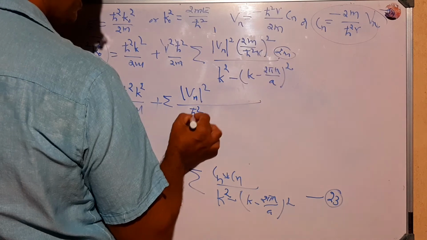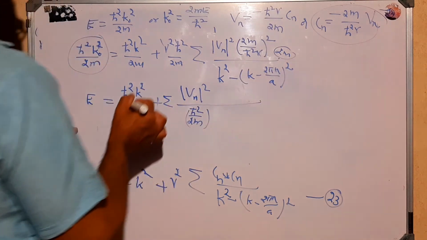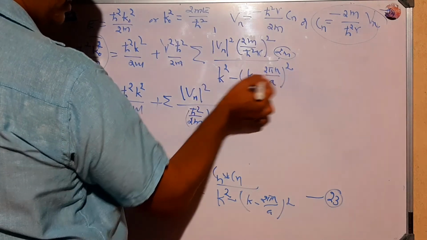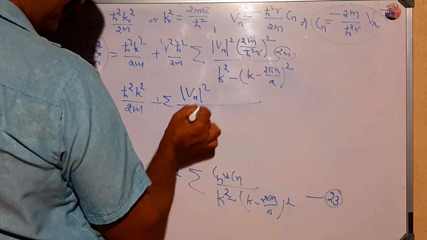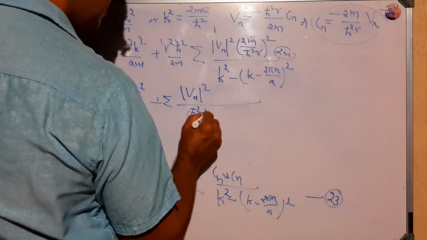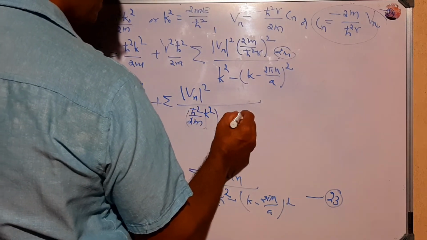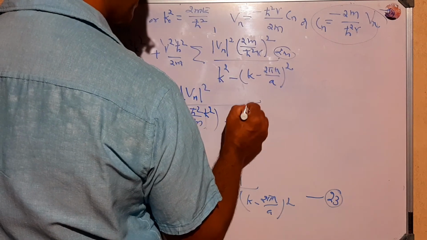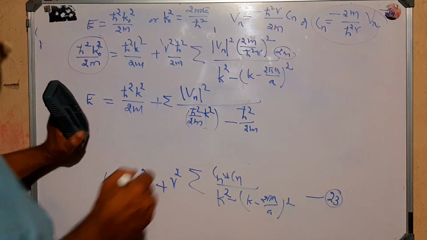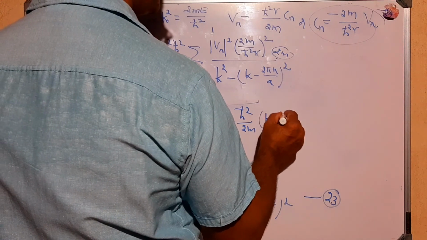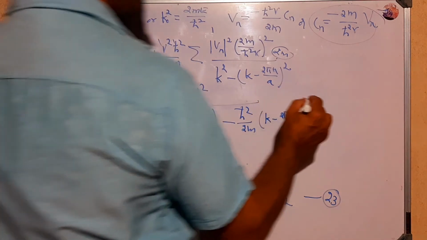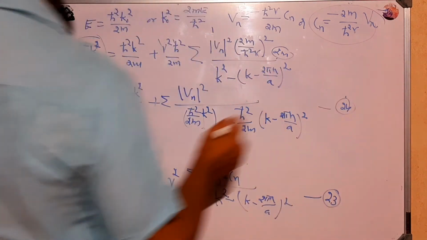This 2m you have to bring here, h cut square by 2m. So then you multiply inside the bracket. Then what happens? H cut square K square minus h cut square by 2m into K minus 2 pi n by a whole square. So this is equation number 24.